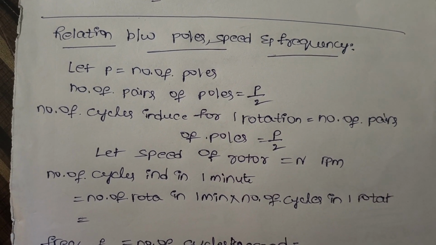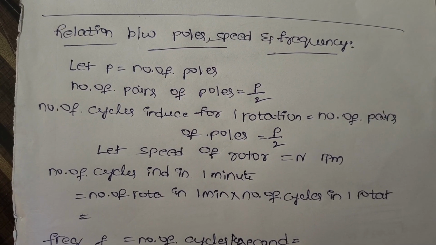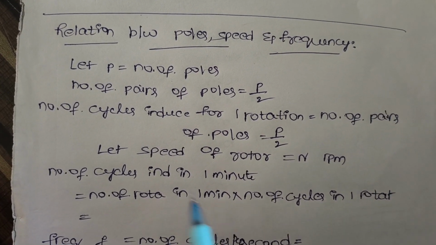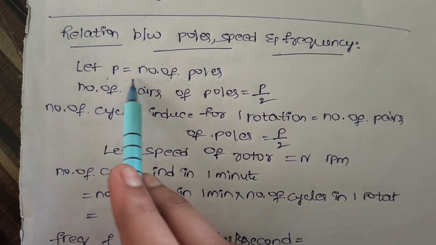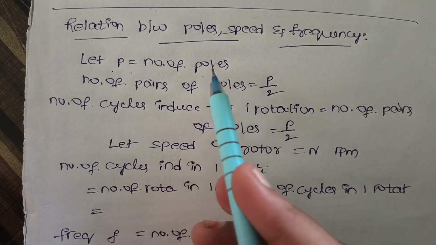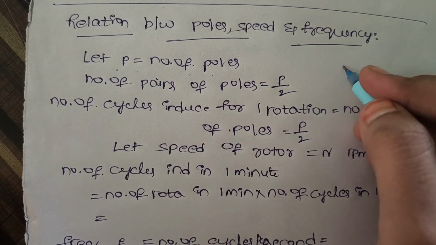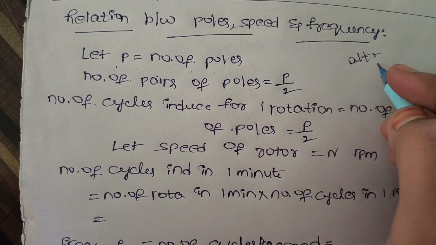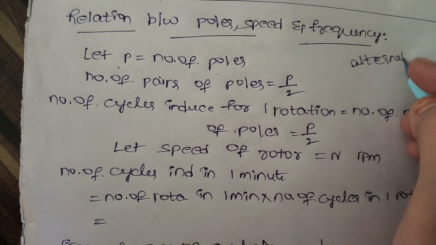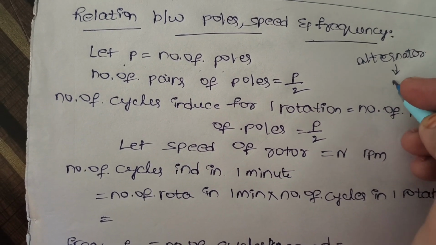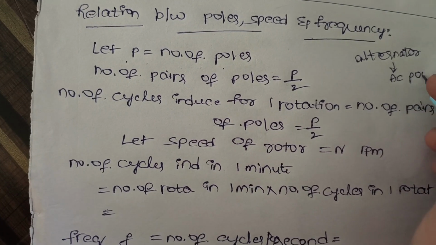Another important topic is the relationship between poles, speed and frequency. Let P equal the number of poles. Suppose we have taken the alternator, which produces AC power.